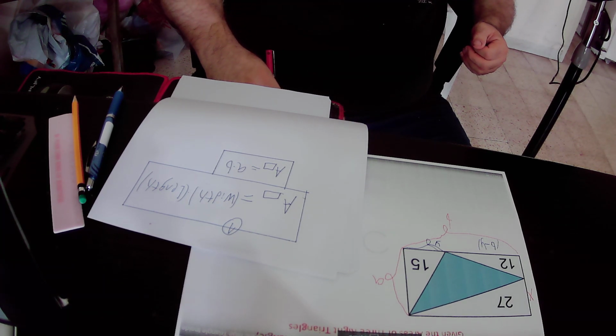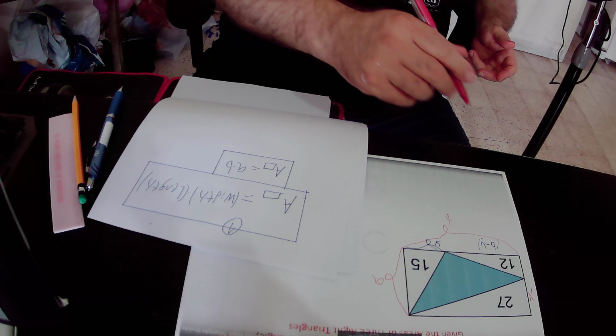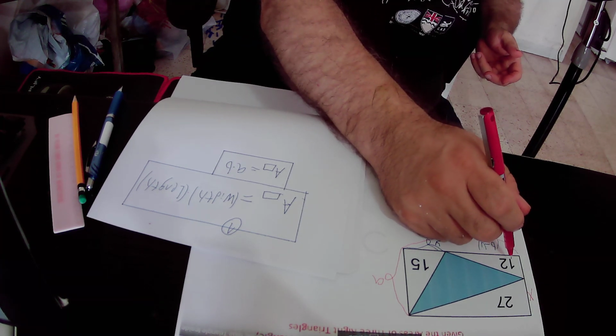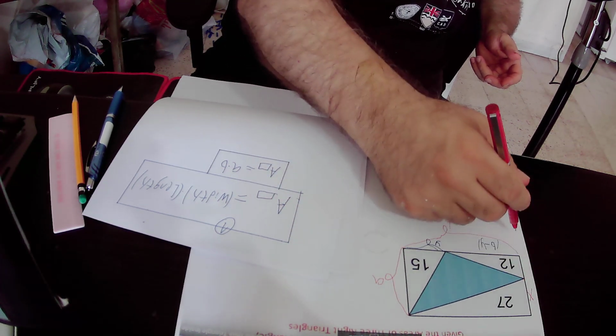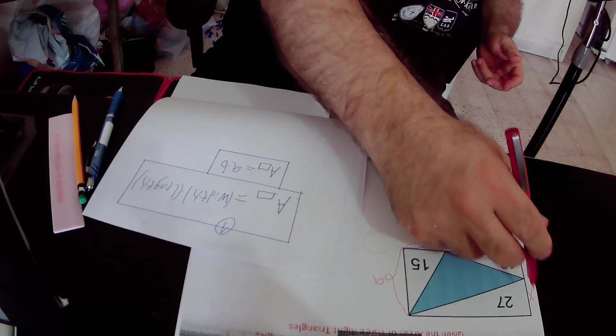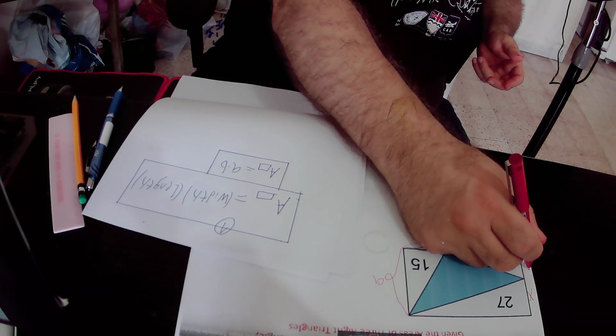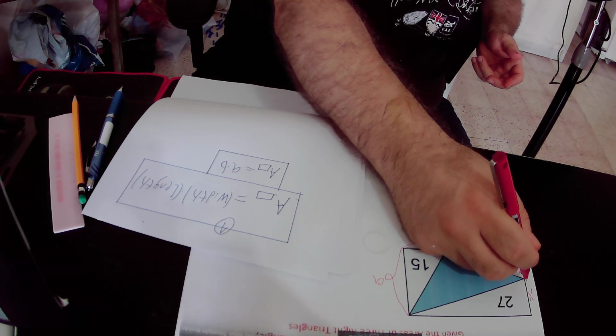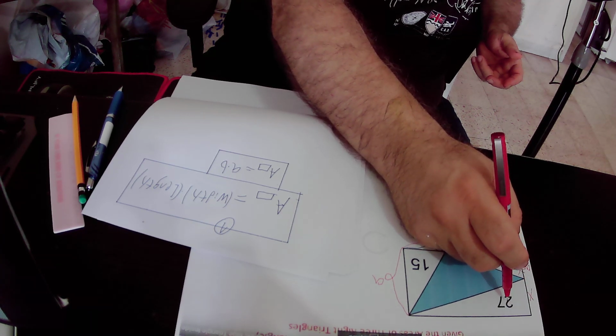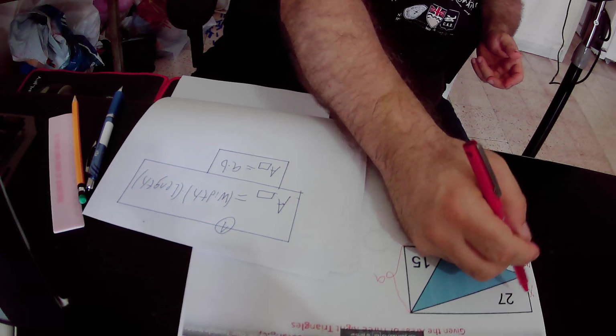And we can immediately deduce that the height of the right triangle whose area is 12 units will be the width of this rectangle, a, minus the height of the triangle whose area is 27 units.